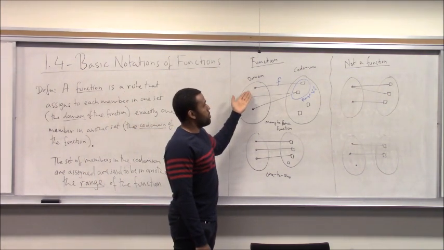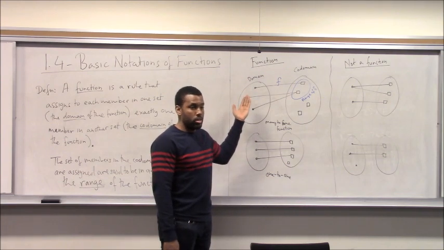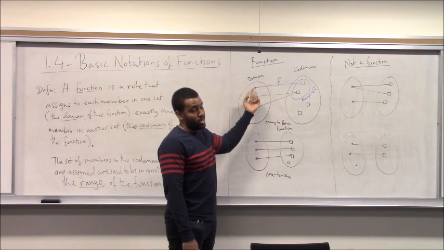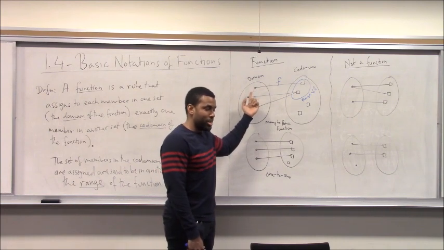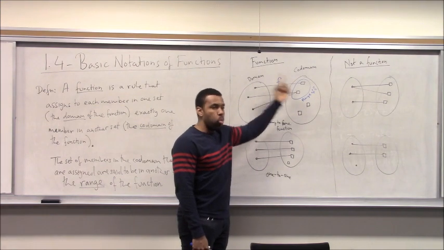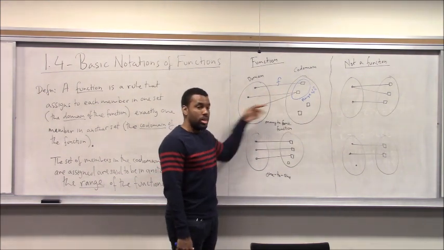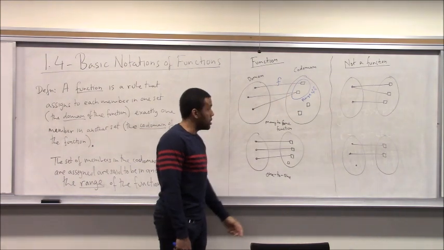Being the father of someone, biological father, is a function, right? I don't know where science is going to be in a few years, but each person only has one biological father. Now you can have a father with two children, but from this direction it is a function.